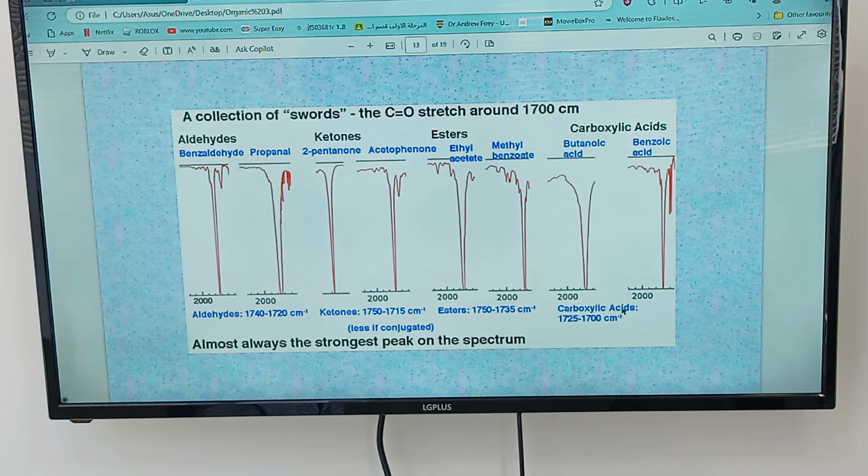Carboxylic acids is between 1700 to 1725, while esters is between 1750 to 1735. Ketones, the ketones here, ketones between 1750 to 1715. Aldehydes is 1740 to 1720.